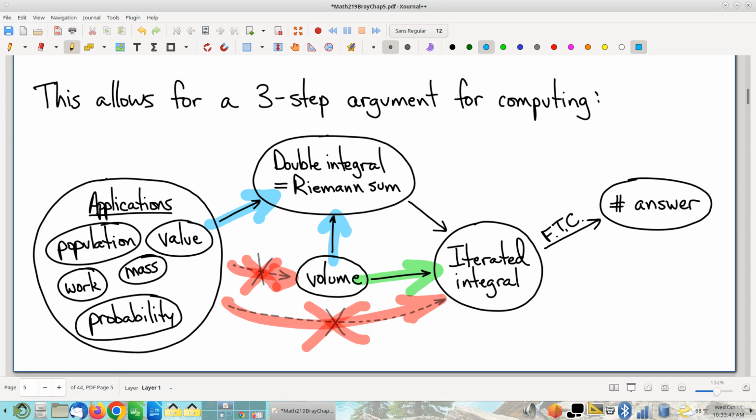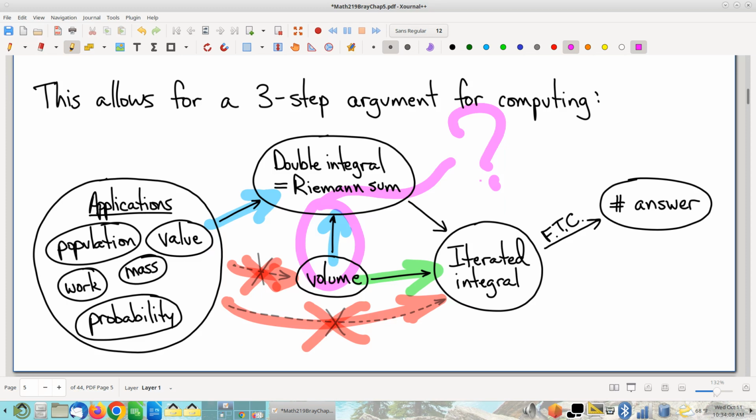Boom, no problem. Okay, so again, here's kind of where we are. And this allows me to dramatically emphasize why this observation here is so important. And it's not because it gives us a second means for computing volume. We already had a way to compute volume. We don't need another way to compute volume.